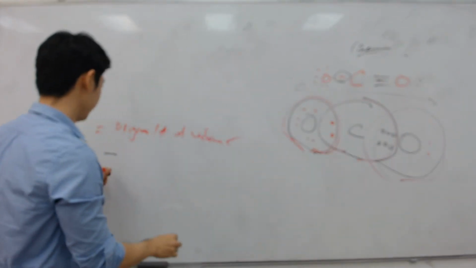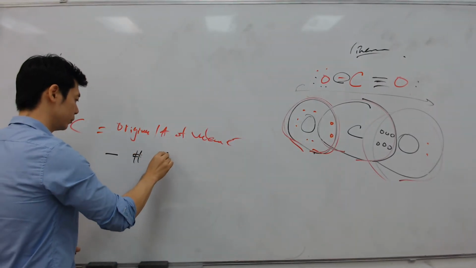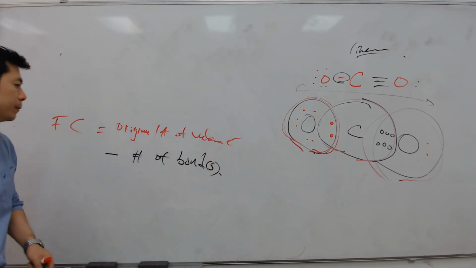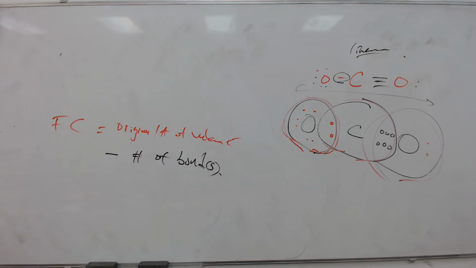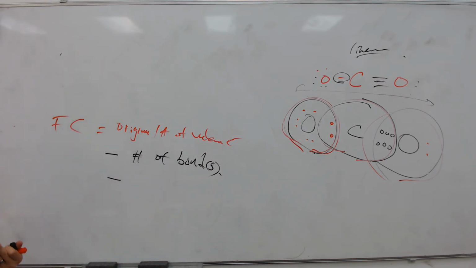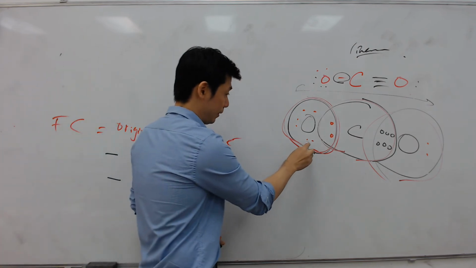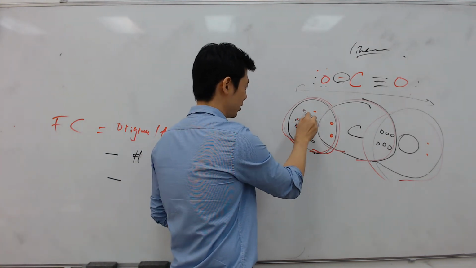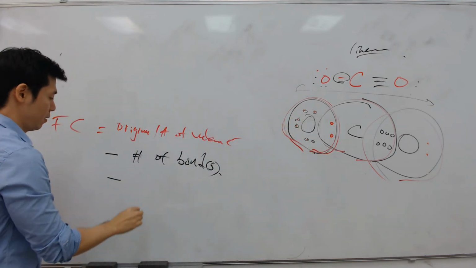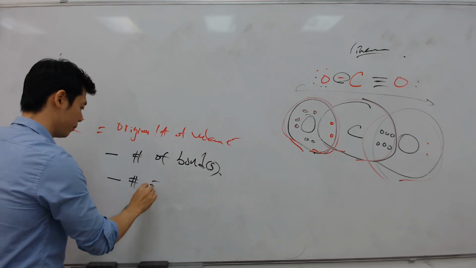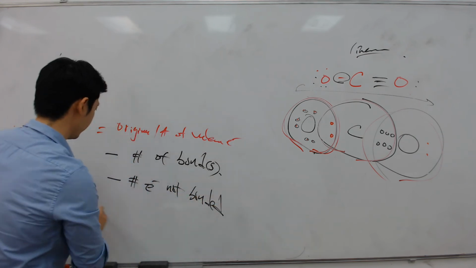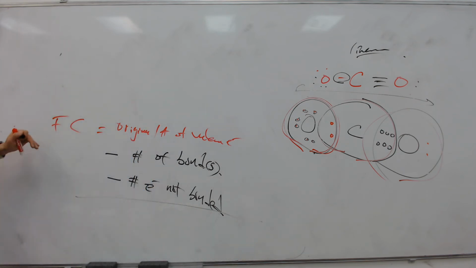Minus the number of electrons that are not bonded. So these are the lone pairs. That is equal to formal charge.